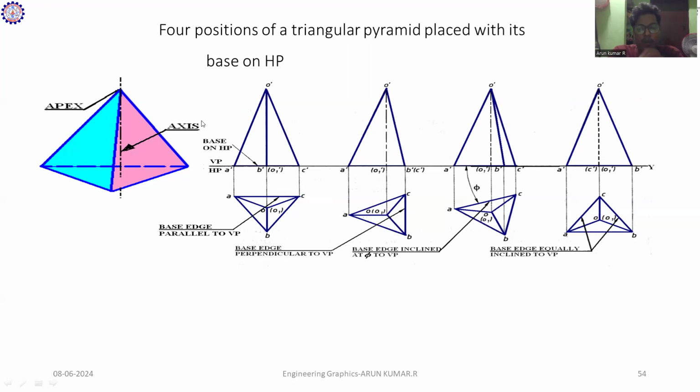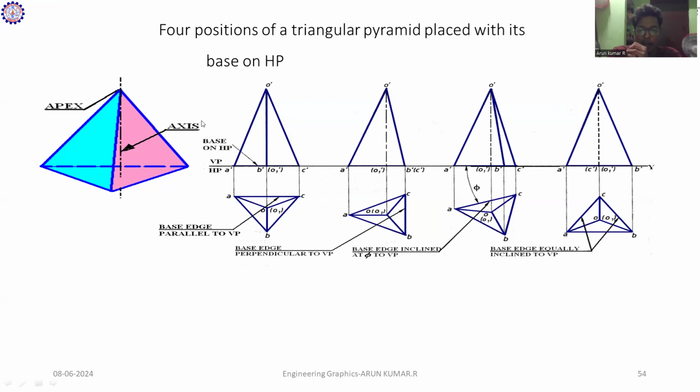Here I have to take four different types of cases. The first is when the solid is placed in a position on the HP, the horizontal plane. So here I take four conditions: the base edge is parallel to VP, the base edge is perpendicular to VP, the base edge is inclined to VP, and the base edge is equally inclined to VP.